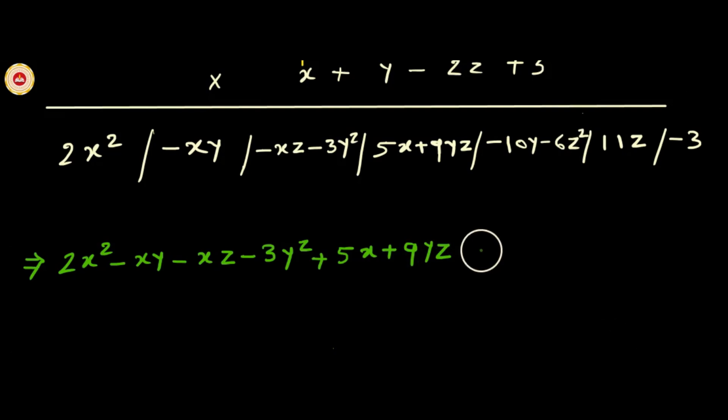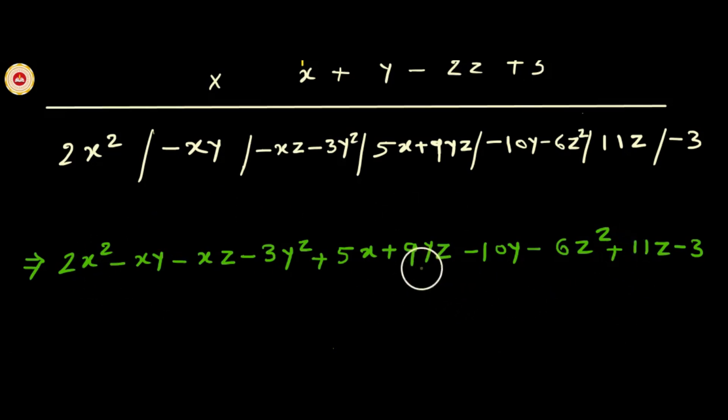This term is negative, minus 10y minus 6z squared. This term is positive, plus 11z, and constant term minus 3. Correct? So friends, let us calculate the bijank of this answer.